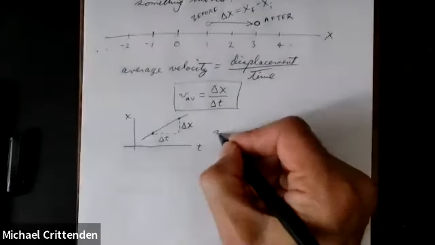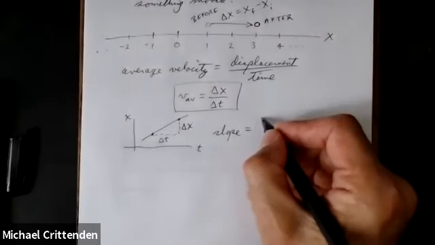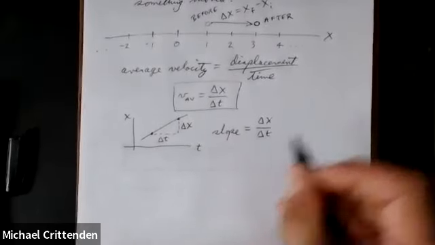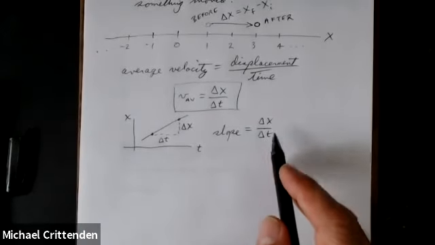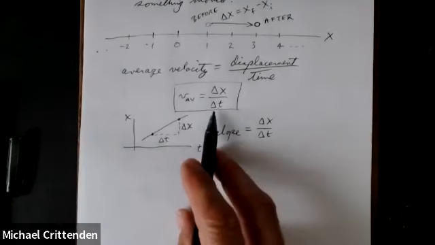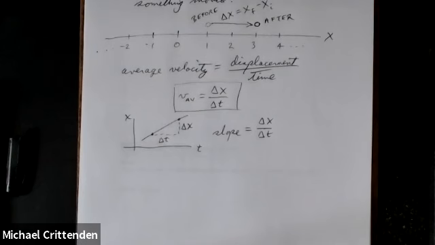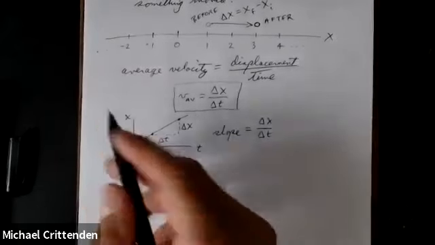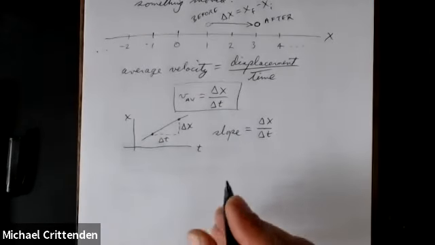And the slope, as always, slope is rise over run. So if the graph is set up like this, instead of delta y over delta x, you've got delta x over delta t, which I just got done saying is the velocity of whatever it is you're talking about, a car on a road or whatever. So the moral of this story is that if you have a graph of position versus time, the object's velocity is the slope.